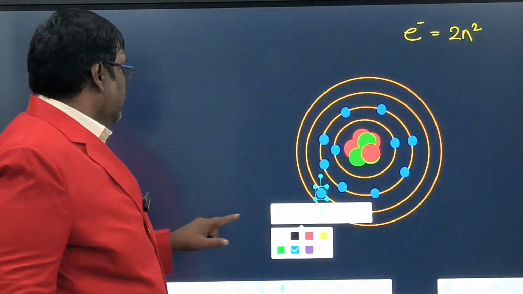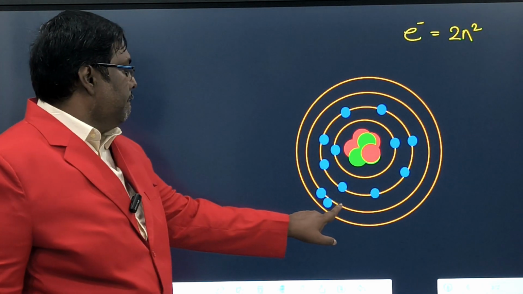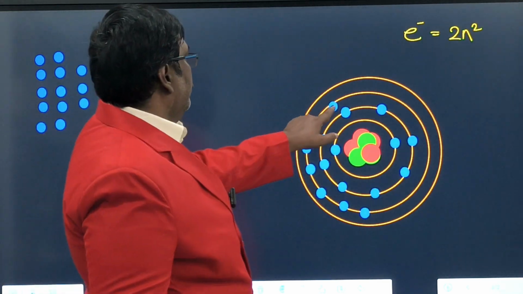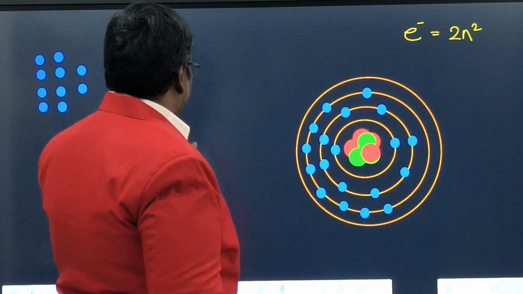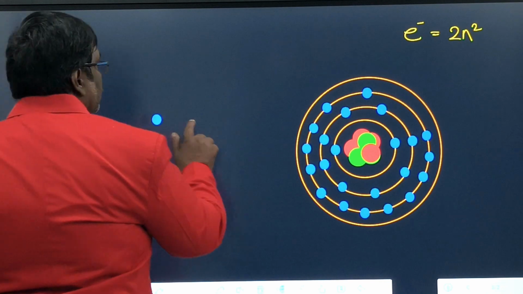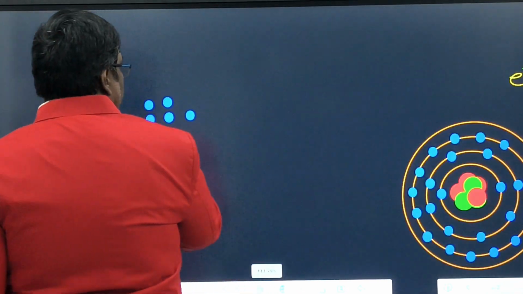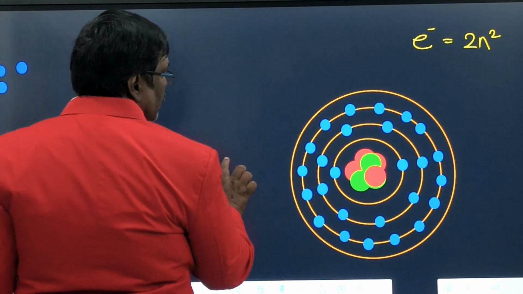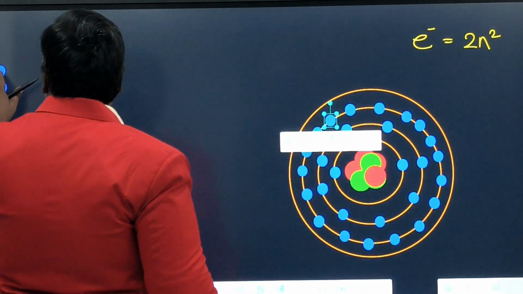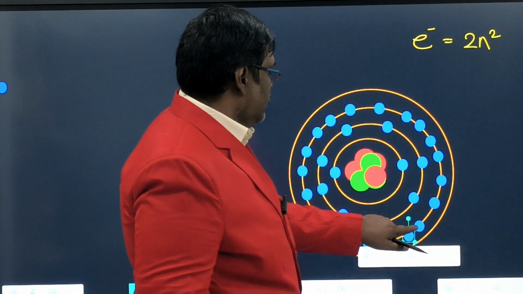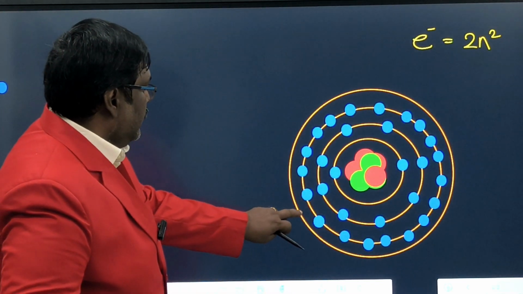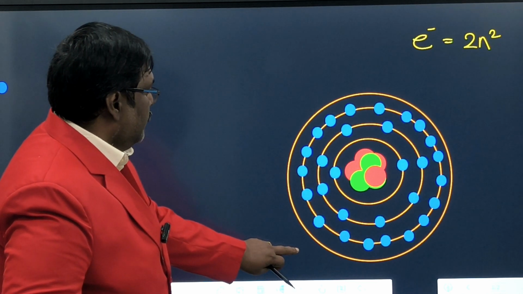I will keep it 18. 18 electrons in the third orbit. So the third orbit will be 18, a little bit toward the center I will keep it.